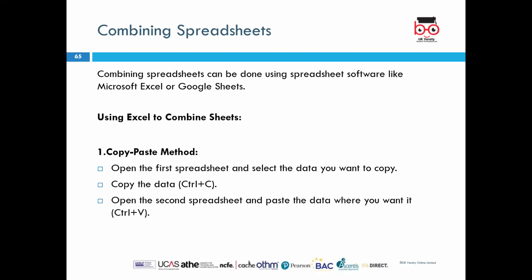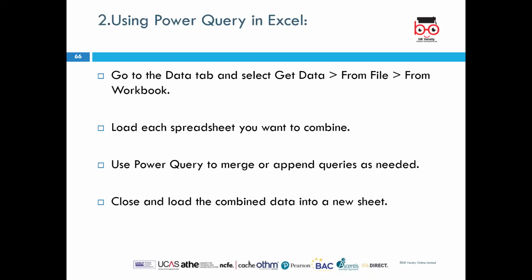So by using Excel to combine sheets, we're going to use a copy and paste method, where we open the first spreadsheet and select the data that we want to copy. We'll use Ctrl+C and then open our second spreadsheet and paste the data where we want it with Ctrl+V.